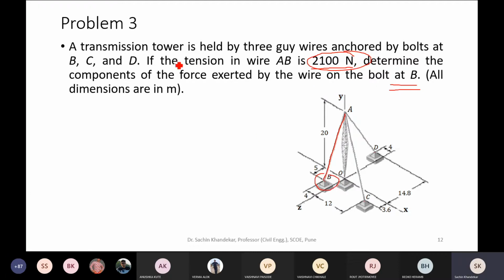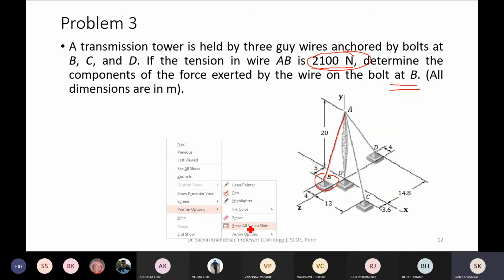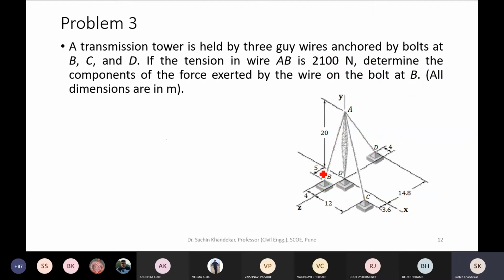In the problem it is clearly mentioned that there is a tensile force in this wire AB, and we know how to represent tension. I told you how to represent tension and compression.